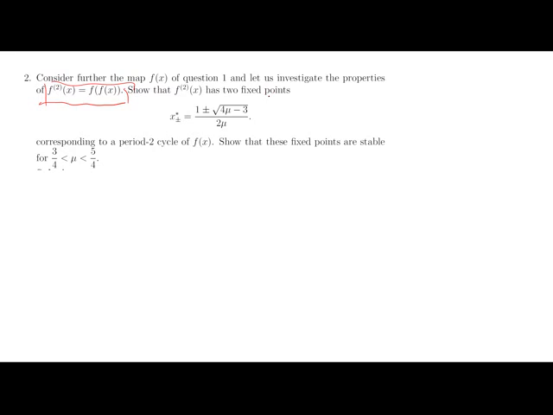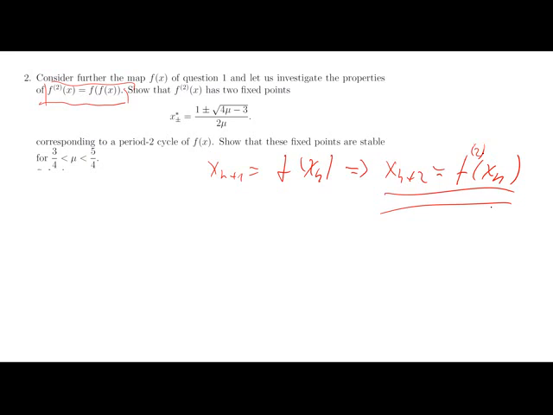If we look at xn+1 equals f of xn, then from here we can say that xn+2 equals f2 of xn. I hope you understand this, because xn+2 is f of xn+1, but xn+1 in turn is f of xn.